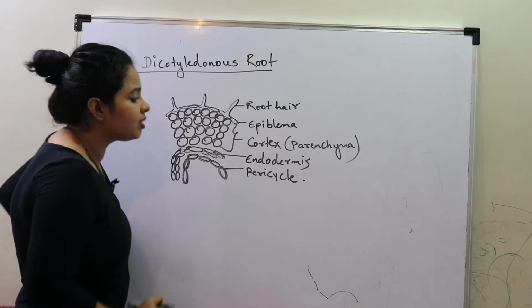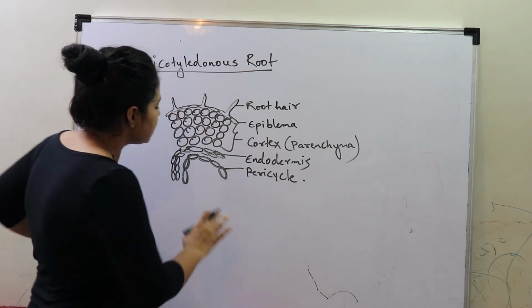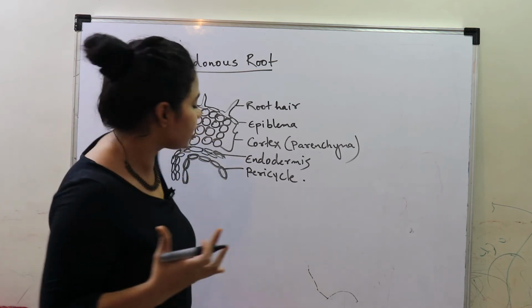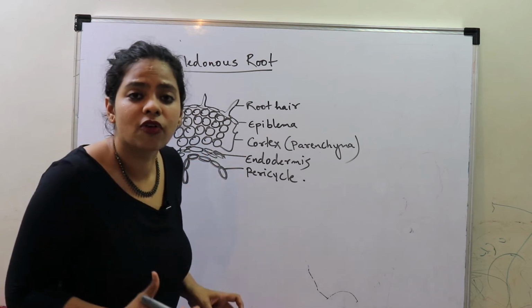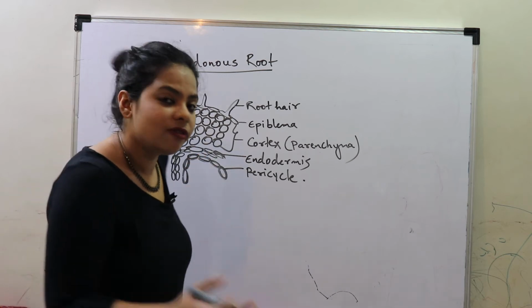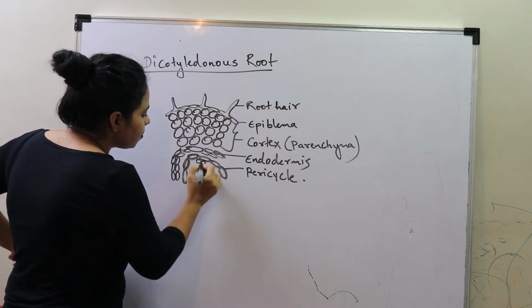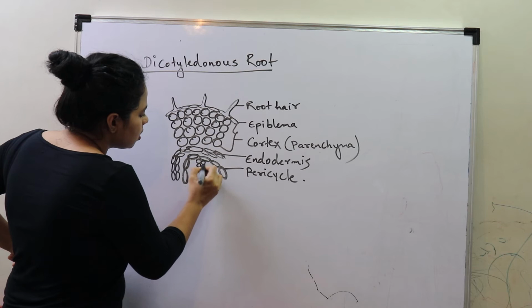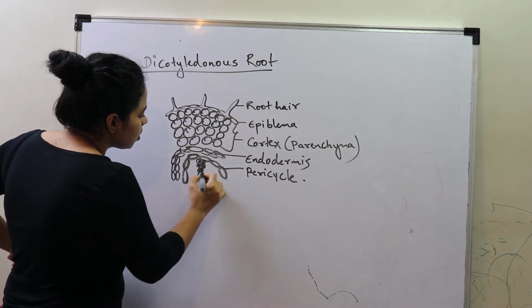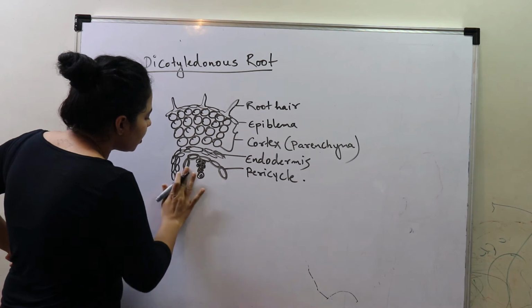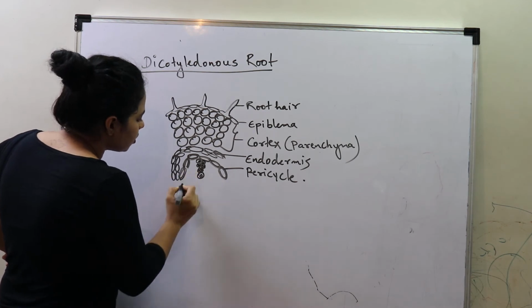Now next after pericycle, see, pericycle is protecting something. It is protecting the most important part of the root, that is xylem and phloem. So here you have xylem, you have 4 bundles of xylem here.